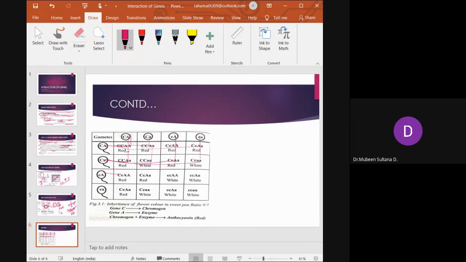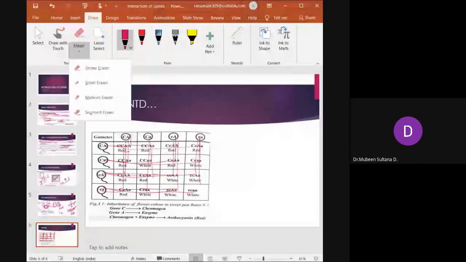Third row, same way. One, two, three, four. One, two, three, and then four. So when you do this, obviously you get a Punnett square.